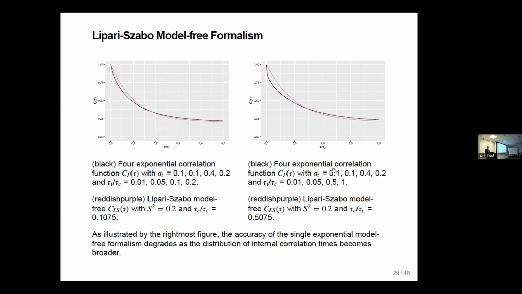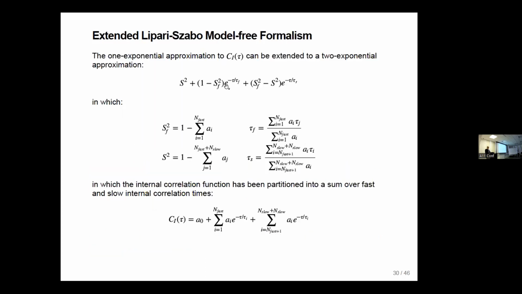Here I changed the parameters, and now you can see it's not such a good approximation to the 4 exponential decay, but then we can extend this, as I already said, to 2 internal exponentials, and there's multiple ways of doing this, but basically we have a time constant and an order parameter for faster motions, and a time constant and order parameter for slower motions that we imagine are separated by like an order of magnitude.